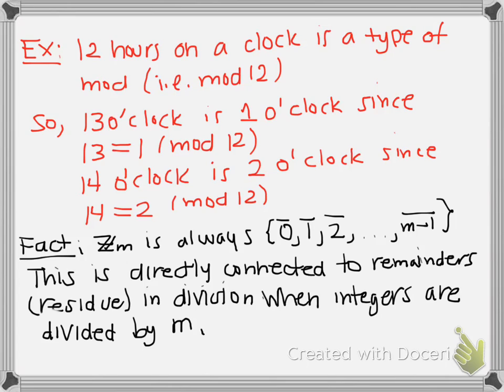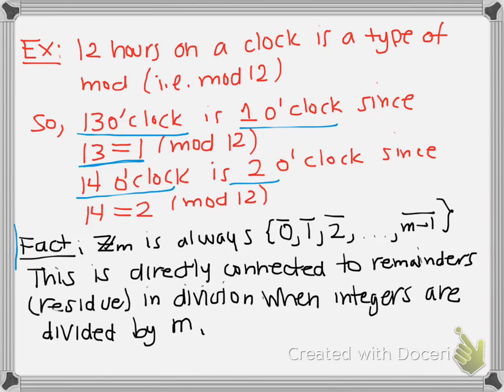If you think about the 12 hours on a clock, the clock represents mod 12. That's why 13 o'clock is the same as 1 o'clock, because 13 is equal to 1 mod 12, and 14 o'clock is 2 o'clock, because 14 equals 2 mod 12. So just keep that in mind.